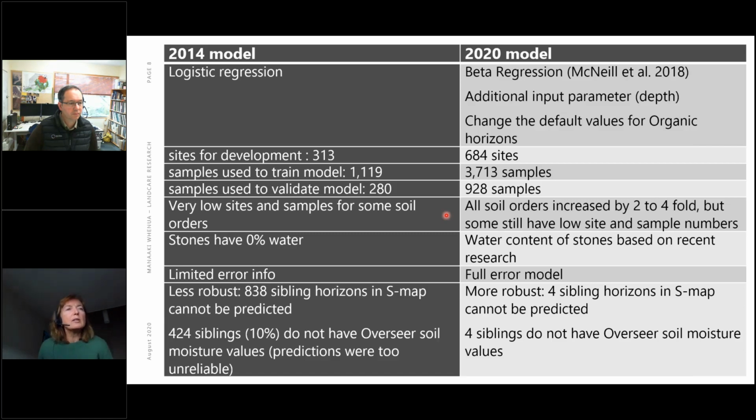So what was happening in the 2014 model was that there were 424, so 10% of the siblings, where we actually couldn't predict those key properties that we feed into Overseer because the extrapolation was too unreliable. Whereas now it's just 4. So with a much bigger reference data set, we have a more stable model and the extrapolation is more reliable. And that's the really big sort of change and improvement.